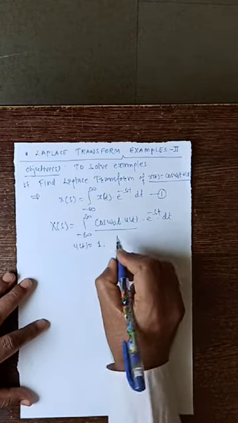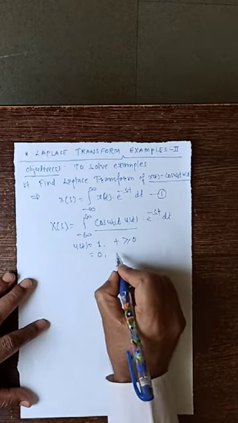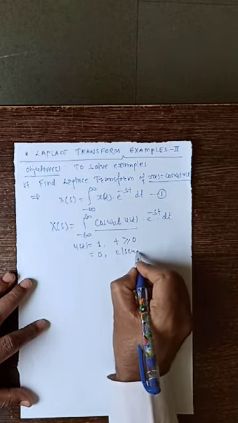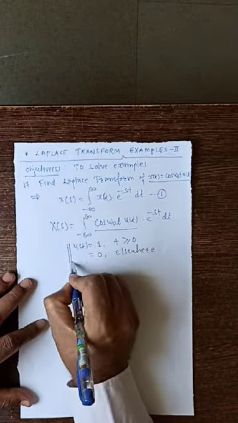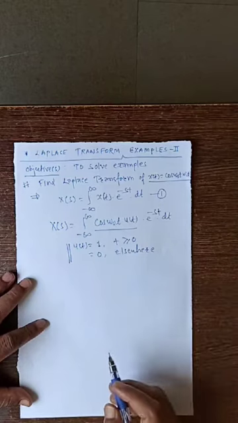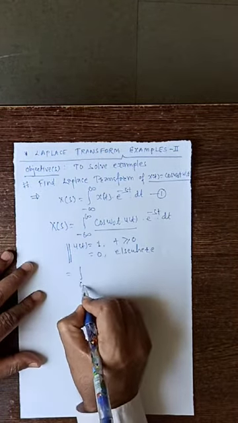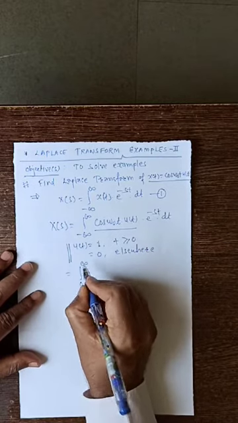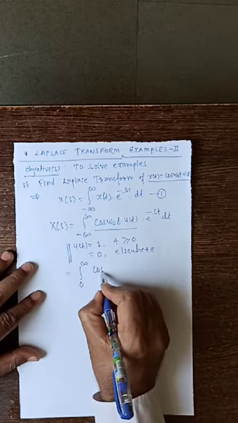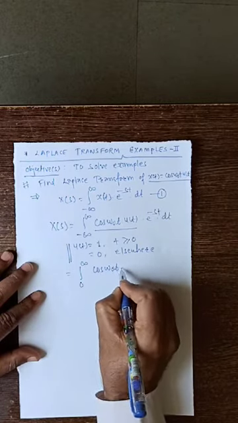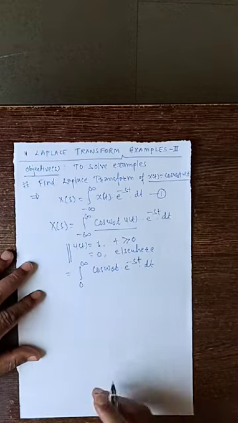U of t equals 1 for values of t greater than or equal to 0, and it equals 0 elsewhere. So by putting u of t equal to 1, we can change the limit of integration. We get X of s equals integral from 0 to infinity of cos omega naught t e raised to minus st into dt.